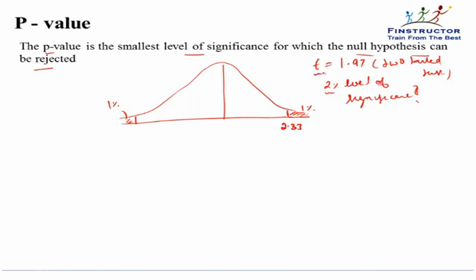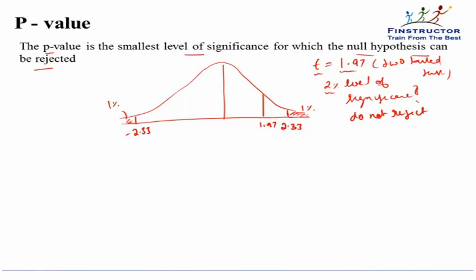Such that if the calculated test statistic is greater than 2.33 or less than minus 2.33, the null hypothesis will be rejected. In our example, the calculated test statistic is 1.97. So is 1.97 more extreme than 2.33? It is not. So at a 2% level of significance, we do not reject the null.